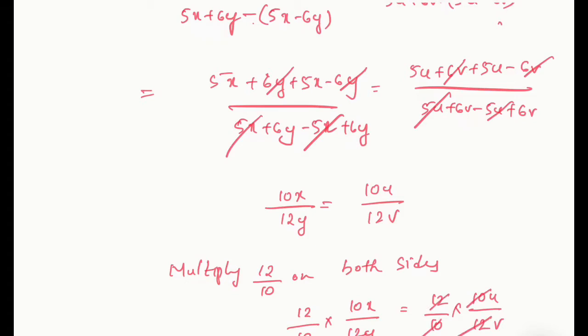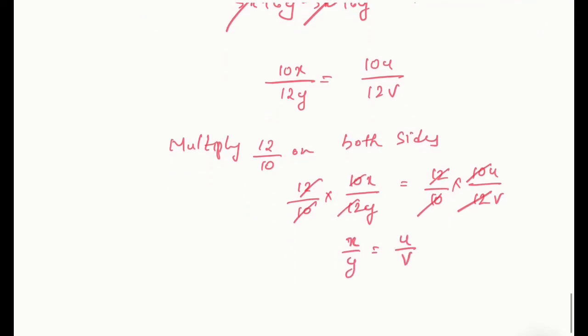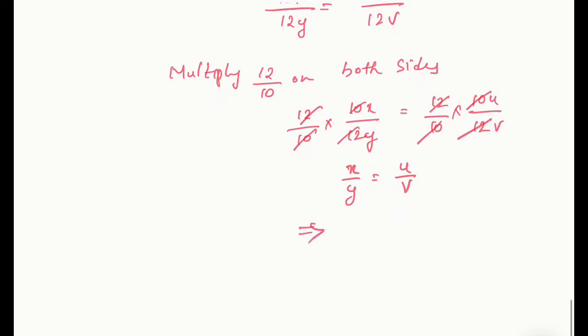So 12 and 12 get cancelled, 10 and 10 get cancelled on both sides. Finally, x by y equals u by v, that is, x is to y equals u is to v.